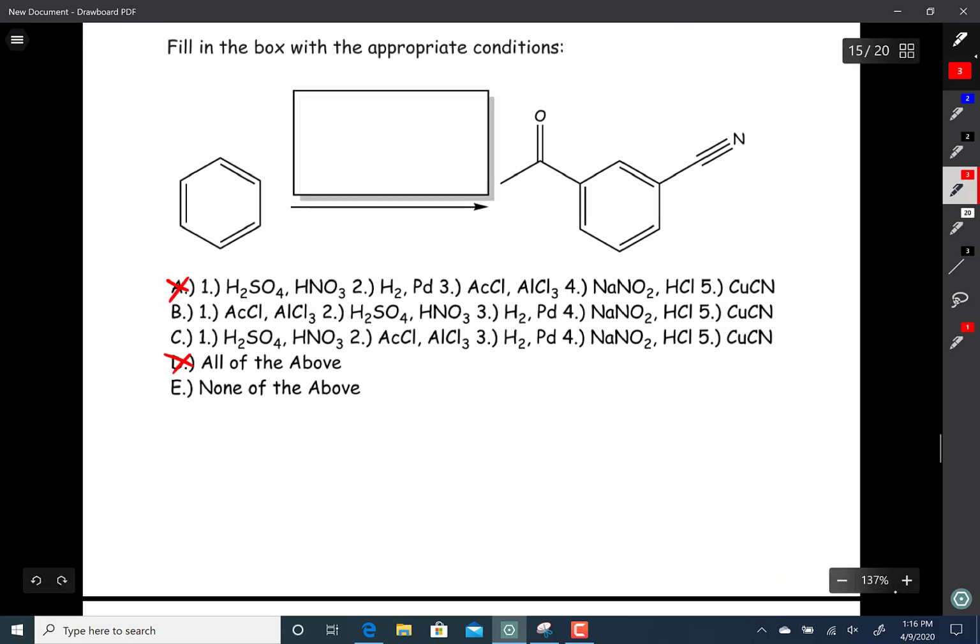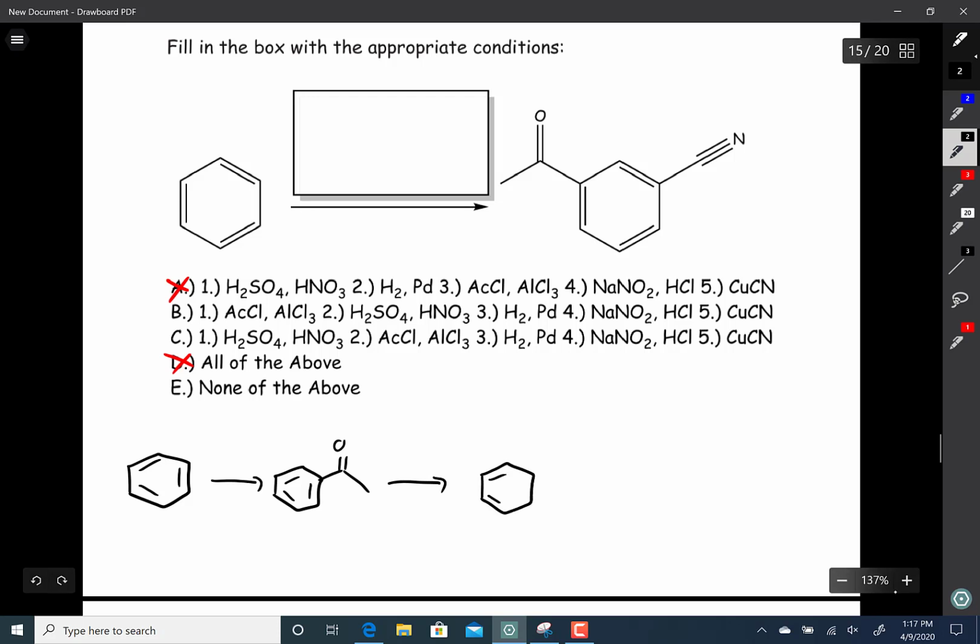Now let's take a look at option B. Option B, start out with the Friedel-Crafts reaction. Puts an acetyl group on, followed by nitration. That adds the nitro group meta, because the acetyl group is a meta director.